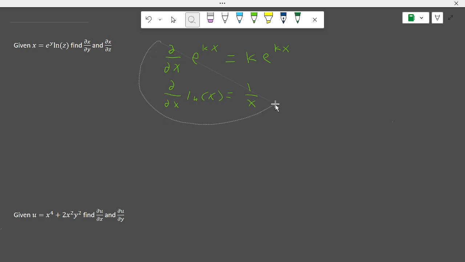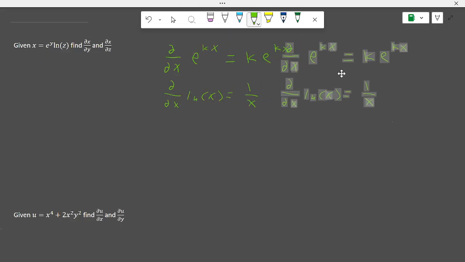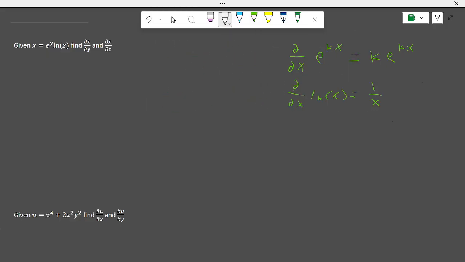So we'll move these over here for now, and we'll start on this problem. So we are asked to find the partial derivative of that equation x with respect to y, and so we'll need to take the derivative with respect to y of this equation.